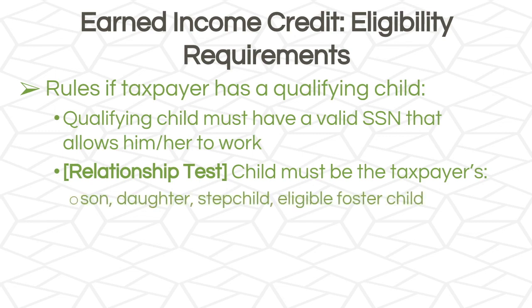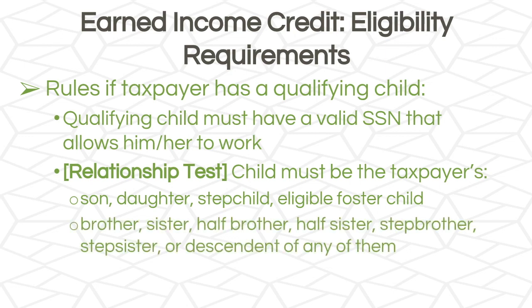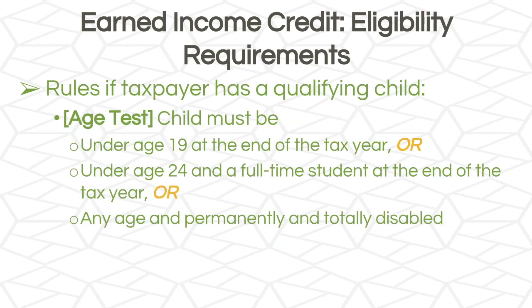So the child must be the taxpayer's son, daughter, stepchild, eligible foster child, or brother, sister, half-brother, half-sister, stepbrother, stepsister, or descendant of any of them. And then the child must meet the age test. So they must be under 19 at the end of the tax year, or under age 24 and a full-time student, or any age and permanently and totally disabled.